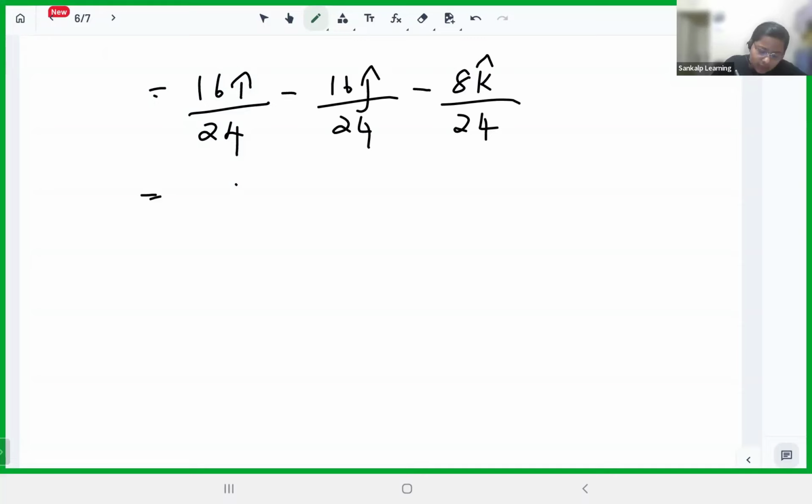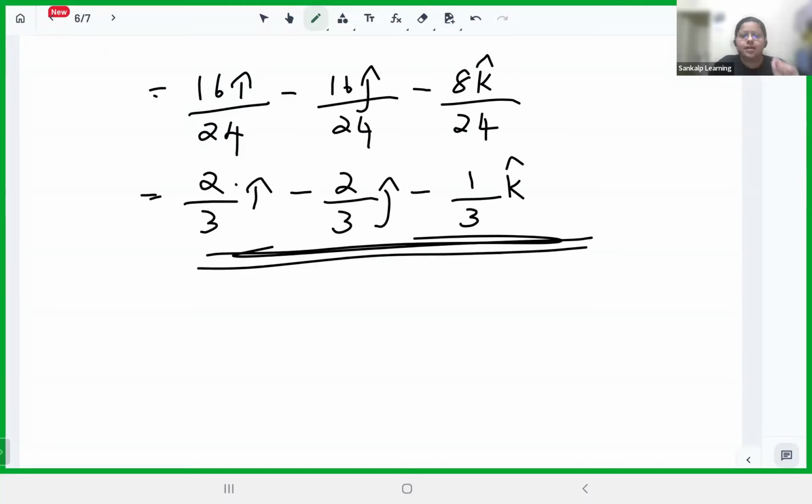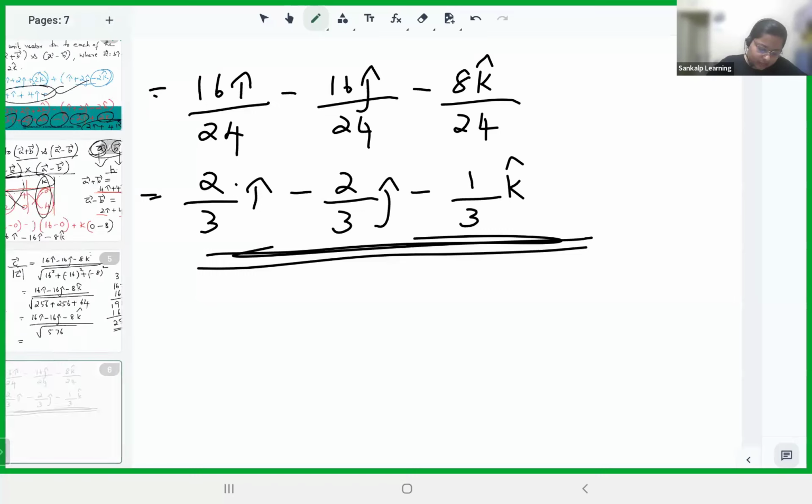You can cut it short by 8, so it is 2 by 3 i minus 2 by 3 j minus 1 by 3 k. So this is a unit vector, which means it has magnitude 1 and it is perpendicular to both vector a plus b and vector a minus b. All right, moving on to our next question.